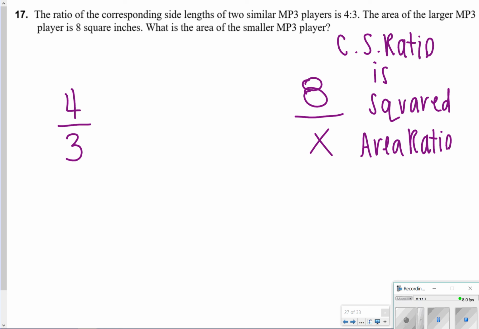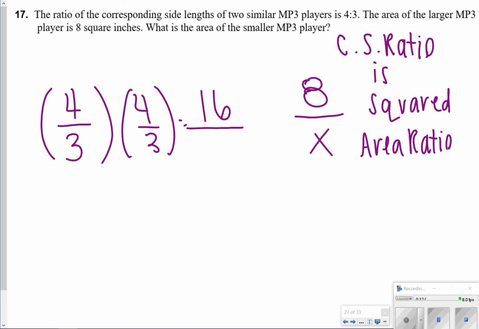I know for sure that 4 cannot be squared to make 8, but if I square this 4/3, multiplying it by itself, I'm going to get 16 over 9, okay? And 16 over 9 needs to be equal to this because this is the area that's going to be showing on the bigger MP3 player.